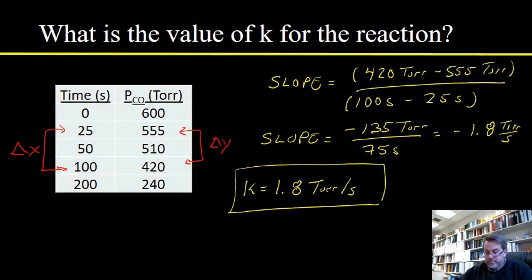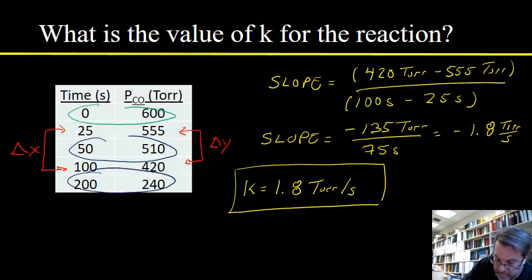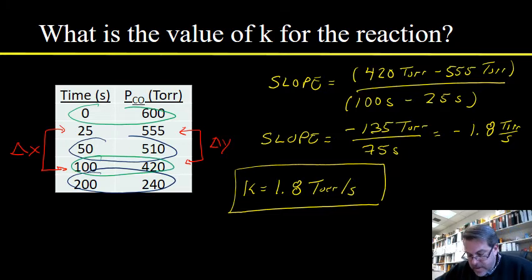All right. So I would encourage you to go ahead and pick a couple of other pairs, whichever ones you want, and try the same calculation and see what you get. Again, there could be some difference due to rounding, but you ought to get something really close to 1.8 Torr per second for all of those different calculations.